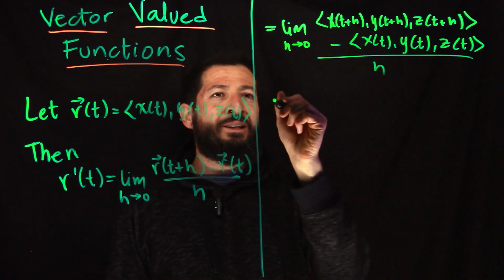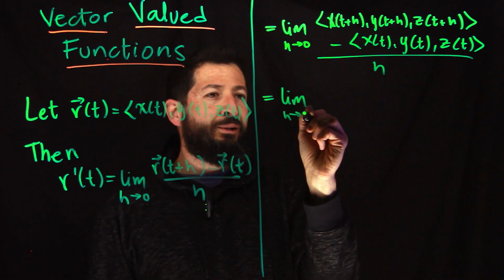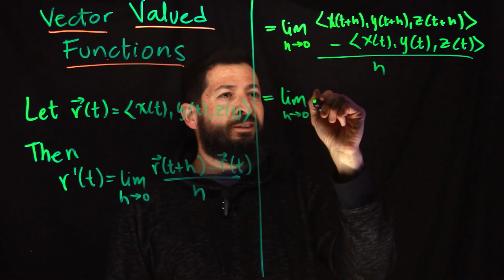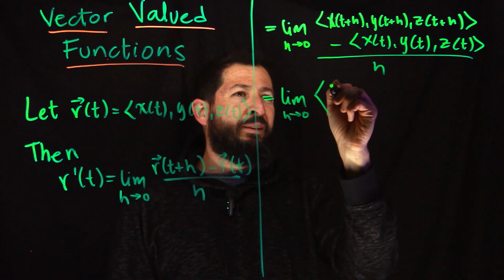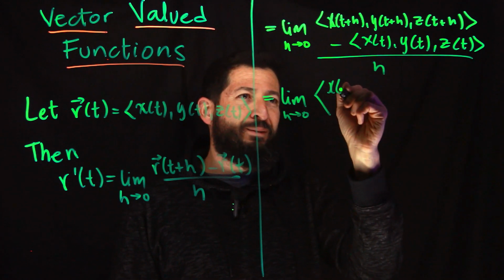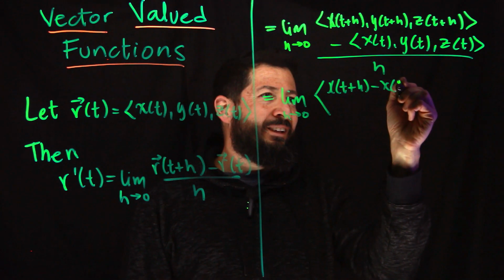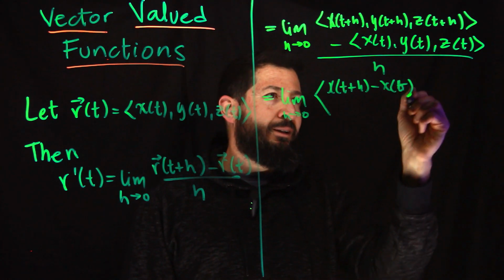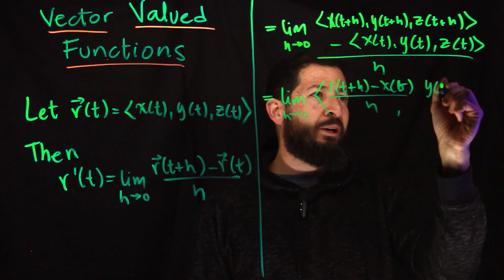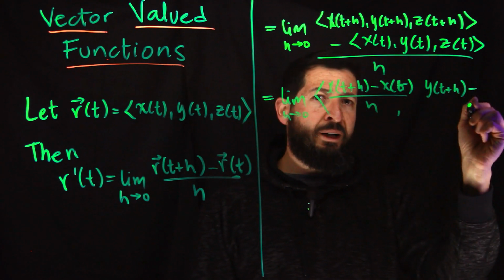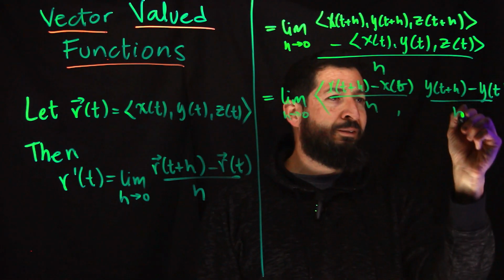And now if you think about how we operate with vectors, this is just going to be the limit as h goes to 0, and we're going to evaluate them coordinate-wise. So this 1 over h would go inside, and you would end up with x of t plus h minus x of t, all over h. And then the next coordinate would be the same with y: y of t plus h minus y of t over h.